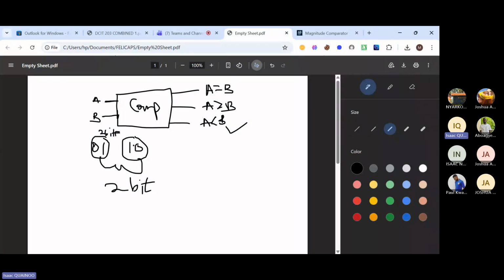So we call this a 2-bit magnitude comparator. But if the inputs are such that you are comparing 1 and, let's say, 0, this is your first input, so we'll call this input A, and this input B. So if you have something like 1 and 0, we'll call this a 1-bit comparator. Please, can someone tell us why we call this a 1-bit comparator?